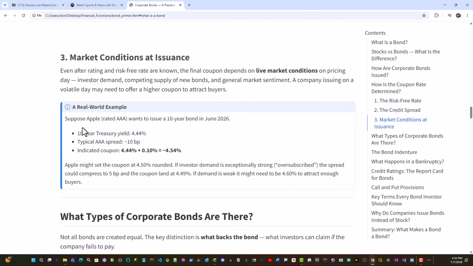So the market conditions at issuance are important too, right? To find out how much the final coupon rate is going to be, you need to check out what's going on in the market right now. And if you look at, for example, this example, if Apple is a AAA rated company, according to Moody's and Standard & Poor's, etc., one thing I want to point out here is that this all assumes that you are a believer in institutions and you trust them.